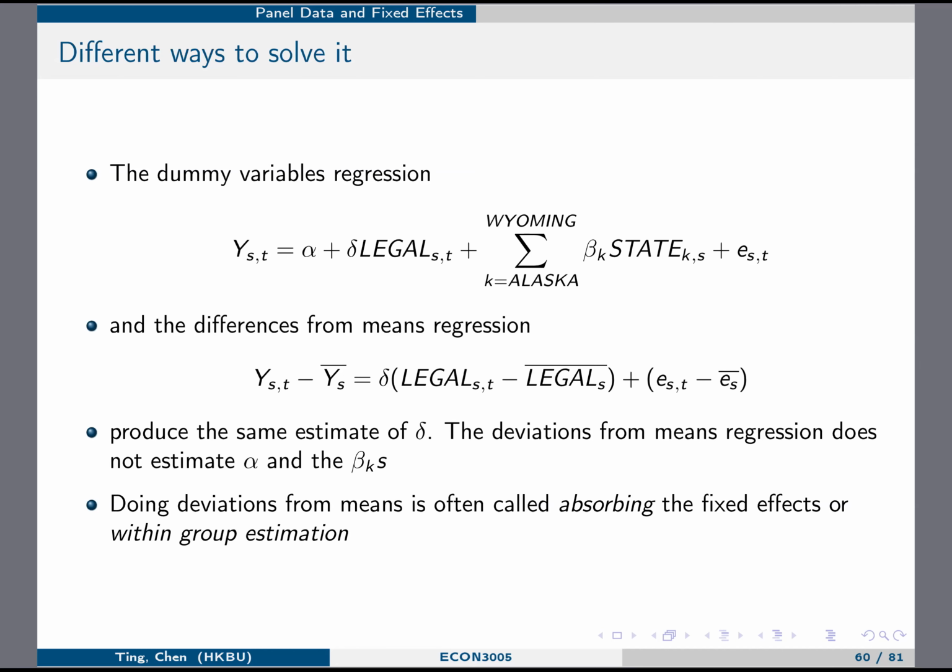Doing deviation from means, we also call this regression absorbing the fixed effects, or a within-groups estimate, because we control for the between-group mean difference, so we only rely on the within-group variation.